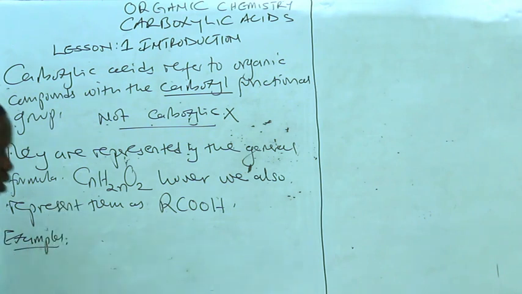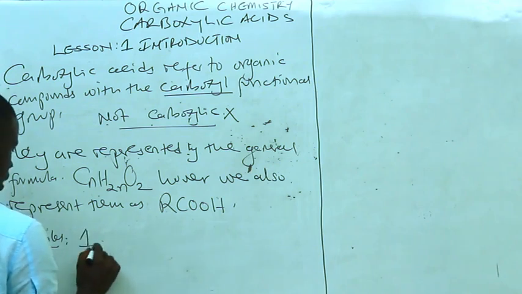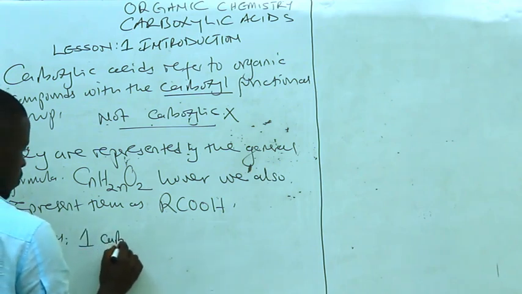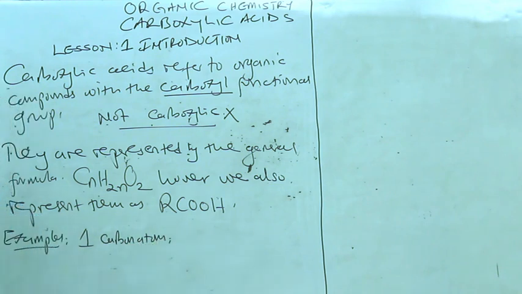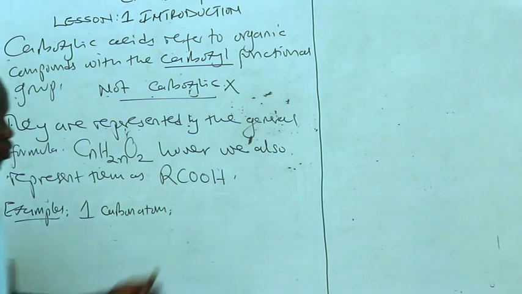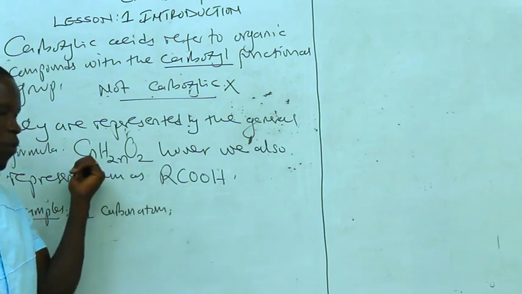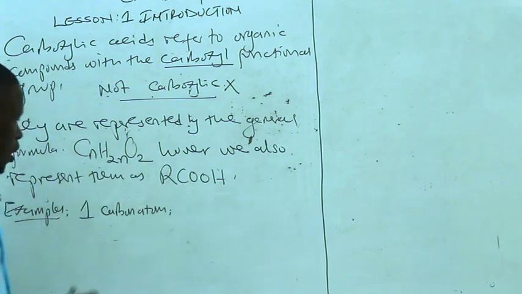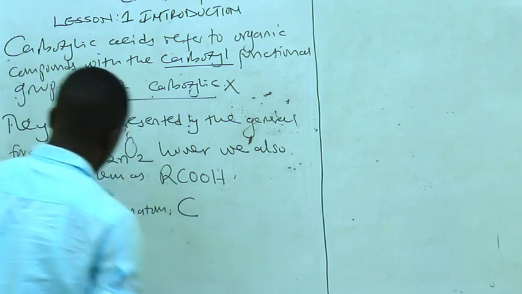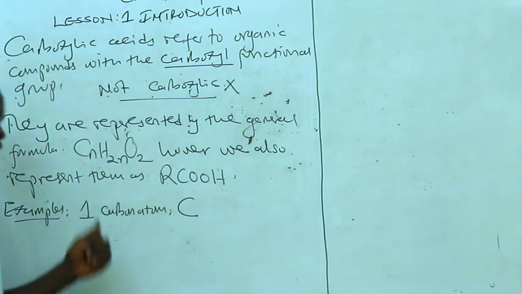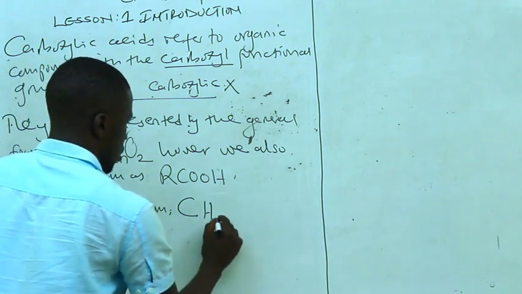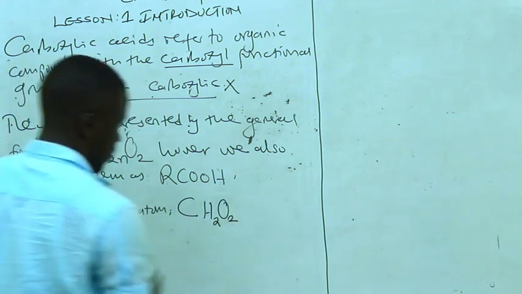Let's look at a carboxylic acid with one carbon atom. We represent the one carbon atom as C. How many hydrogen atoms? If n is 1, there will be 2, and 2 oxygen atoms.